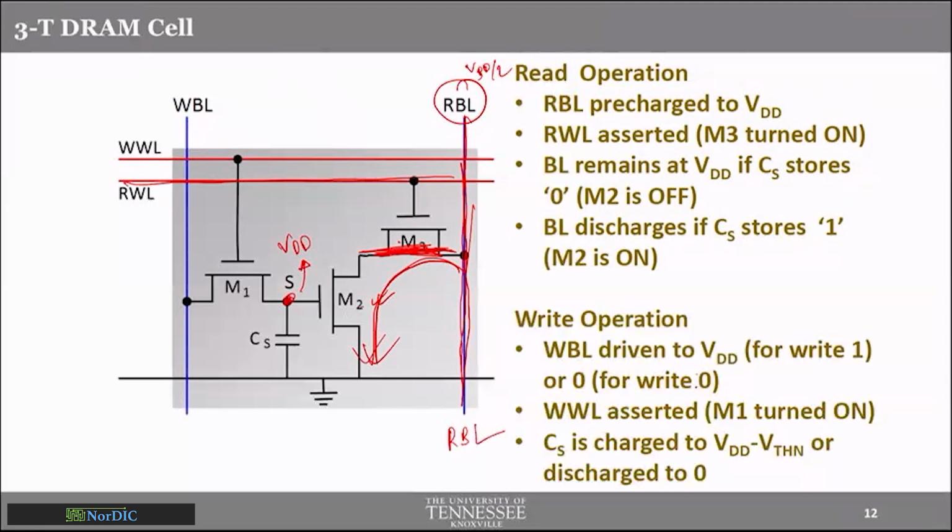On the other hand, if this node was 0, then this NMOS will be off, because with a 0 at the gate input, the NMOS will be off. Then there will not be any discharge path, ideally. That means the bit line will not discharge. It will remain almost exactly at the level where it was. So you detect whether this read bit line is discharging or not. If it is discharging, then it's storing 1. If it is not discharging, then it's storing 0.